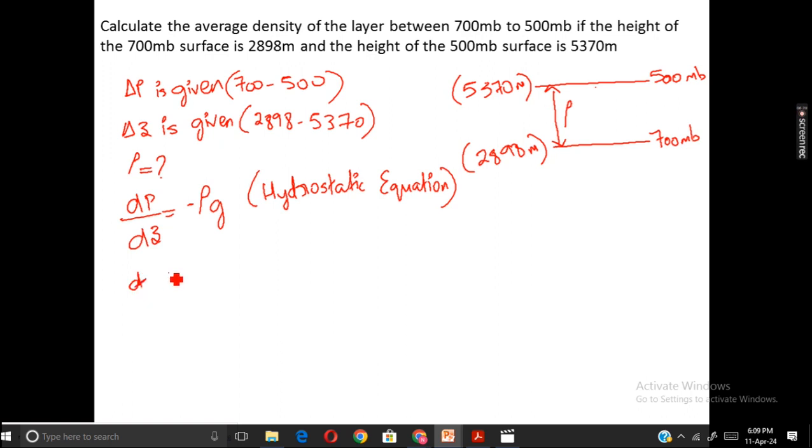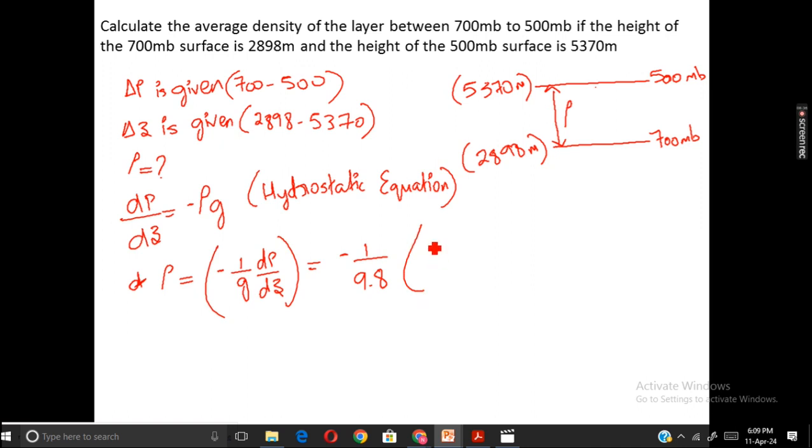We want to calculate the density, rho. From this equation, rho is minus 1 by g times dp by dz, which is minus 1 by the value of g, the acceleration due to gravity, which is 9.8.